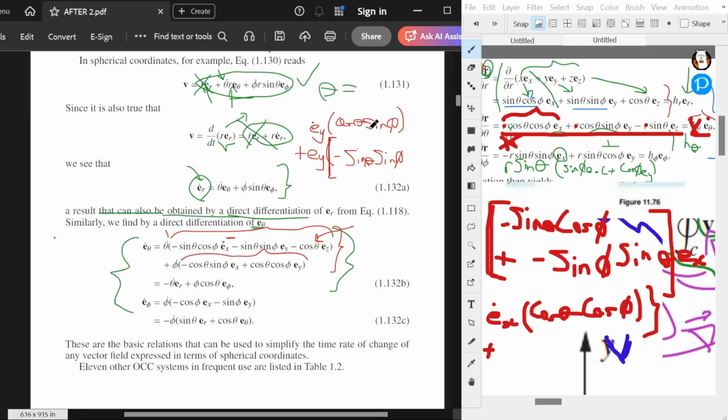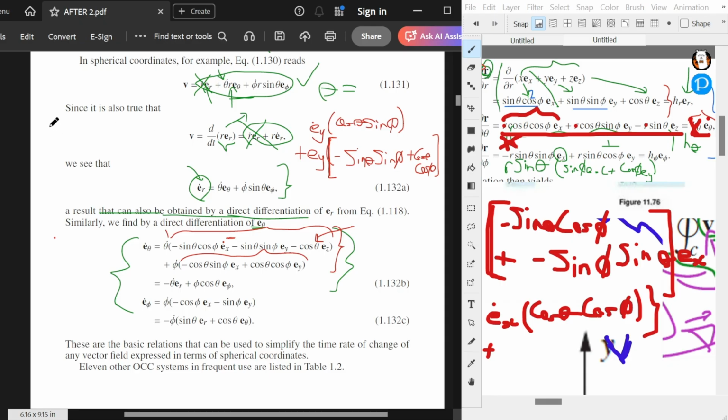We're done with that, surely. So now we just add this differentiated, which is cos theta cos phi. Am I missing something? I feel like I'm missing something. No, I think this is correct.